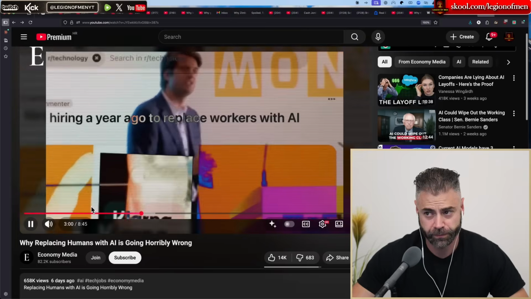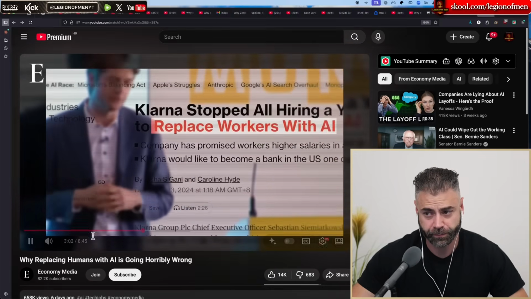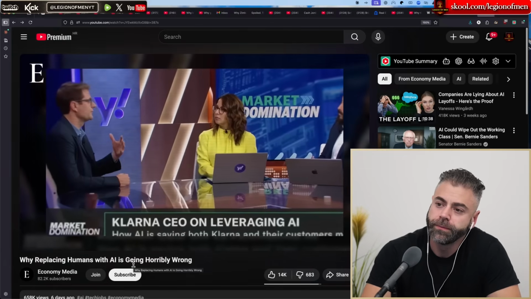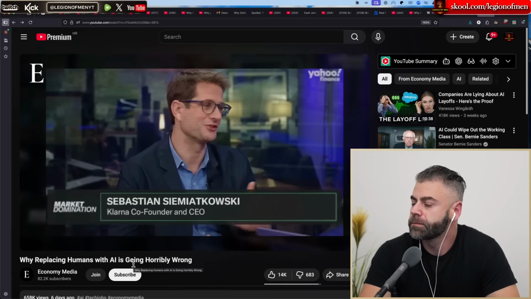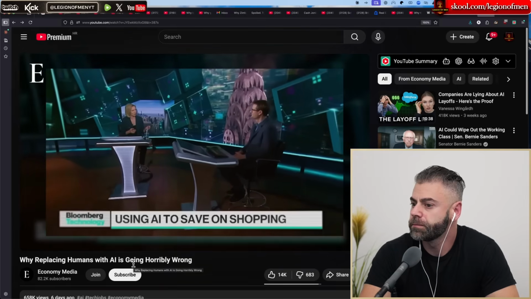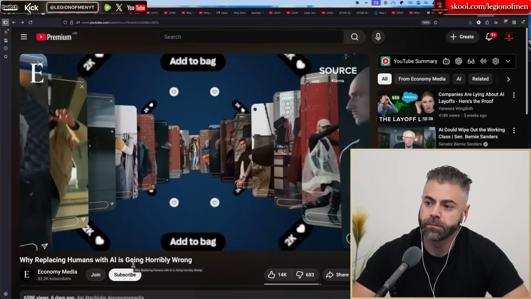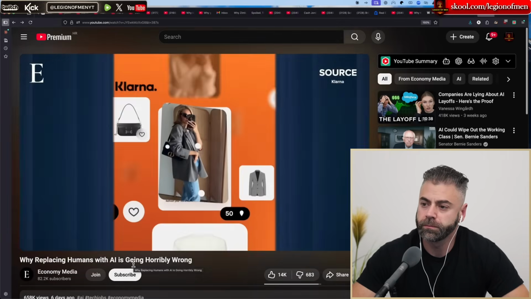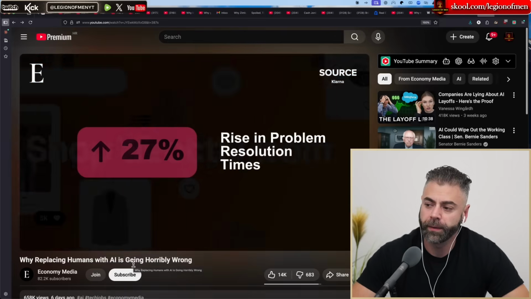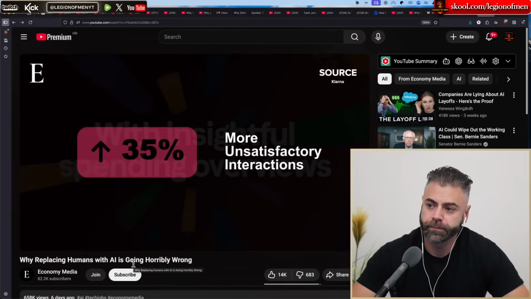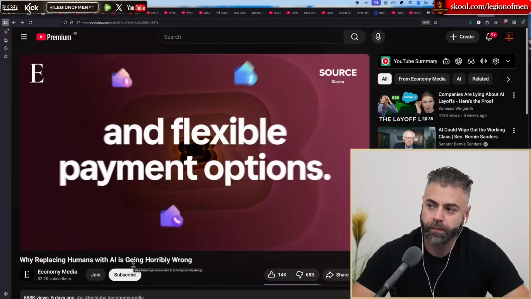The CEO of Klarna said AI would replace half his workforce in just a few years. And Klarna eventually reduced its workforce by 40%. But in 2025, Sebastian flipped that narrative on its head. He publicly stated that quality human support is the way of the future for us. In fact, leaked internal data indicate that problem resolution times increased by 27%, while unsatisfactory interactions grew by 35% in the first 3 months after implementation.